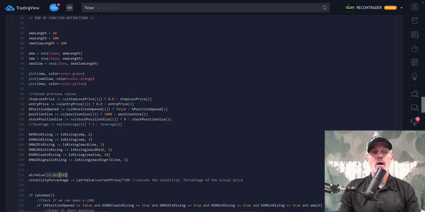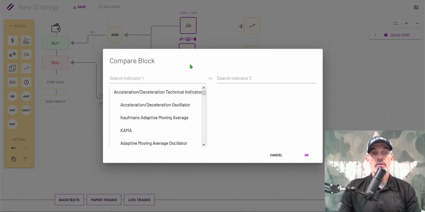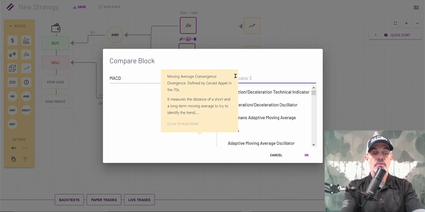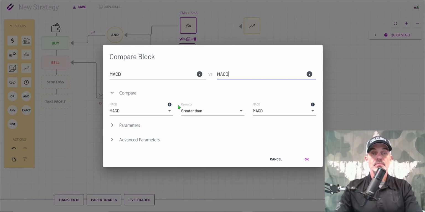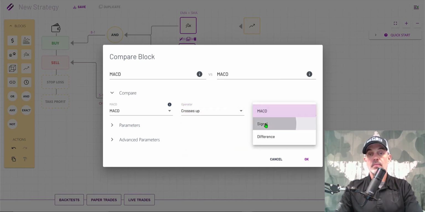The next compare block I'm going to do is a MACD is rising signal. How I ended up doing that is MACD versus MACD, and I wanted the MACD crossing up through the signal line.